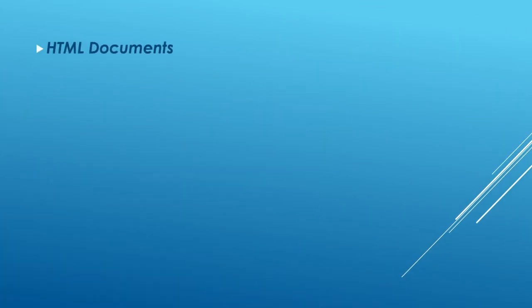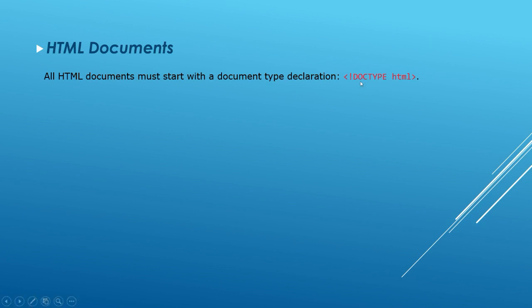Now we are going to learn about HTML documents. All HTML documents must start with a document type declaration, like doctype html with an exclamation mark. The HTML document itself begins with the html tag and ends with the html tag.